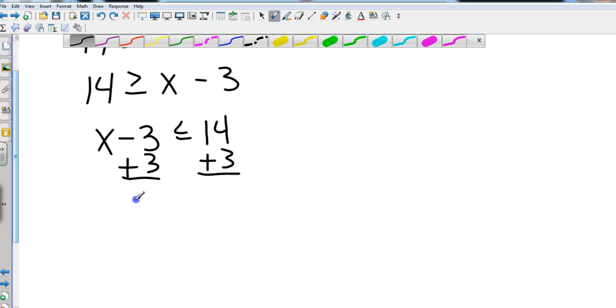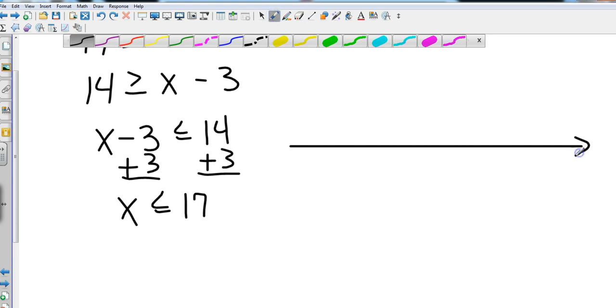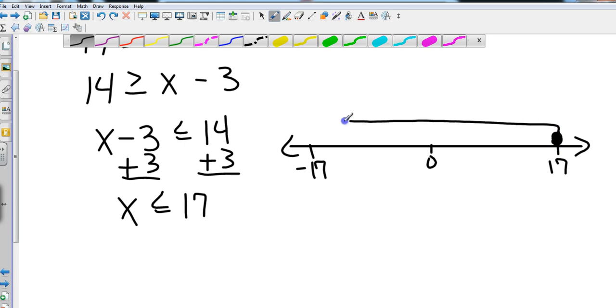So that gives me a final answer of x is less than or equal to 17. And so if I get that on a number line, again, number lines will all start to be looking the same here after a while. Just put that 0 in the middle, put that 17 there, put that negative 17 there, and we've got less than or equal to, so we're going closed circle above 17, and that is a less than, so we're going to go arrow to the left.